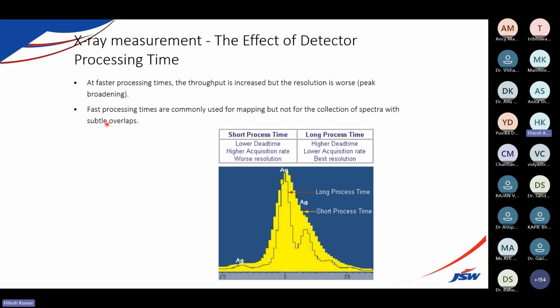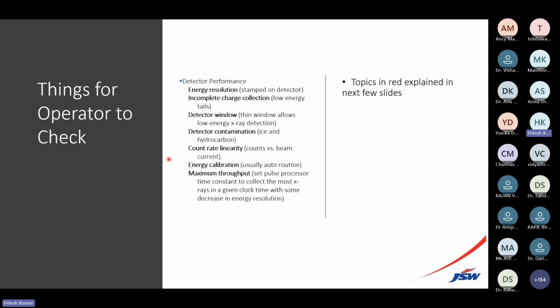X-ray measurement is affected by the detector's processing time. Nowadays the detectors are quite fast, so the processing time is quite low. Lower dead time and higher acquisition rate give you worse resolution. A higher dead time and lower acquisition rate give you the best resolution of your sample.